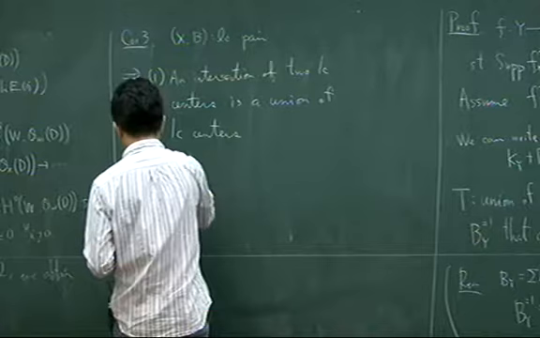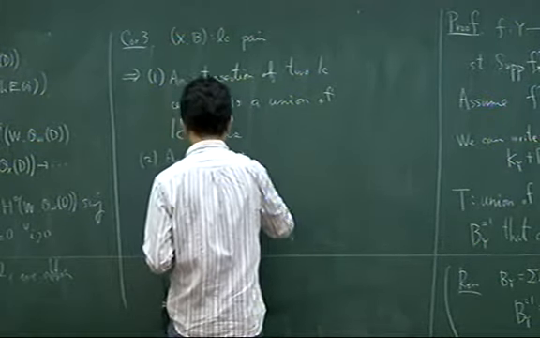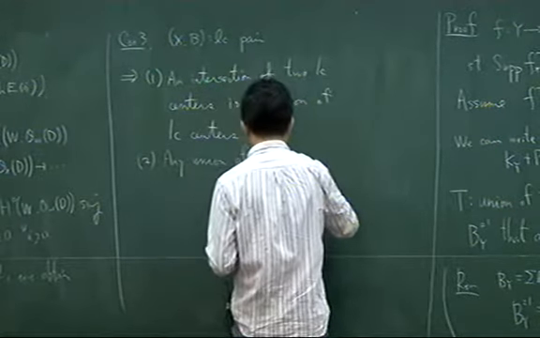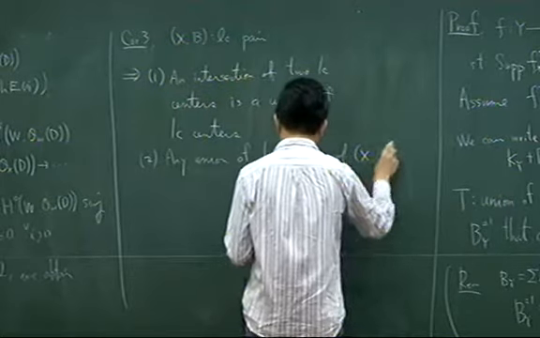The second one, any union of LC centers of this pair (X, B) is semi-normal.